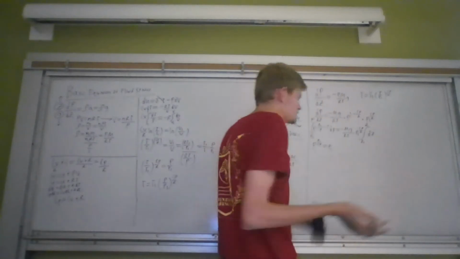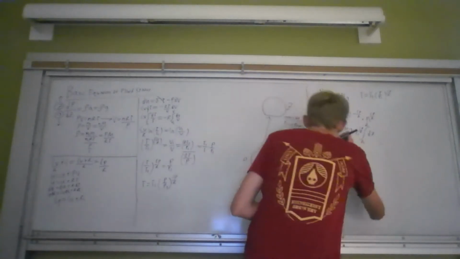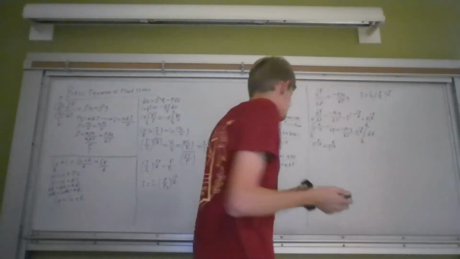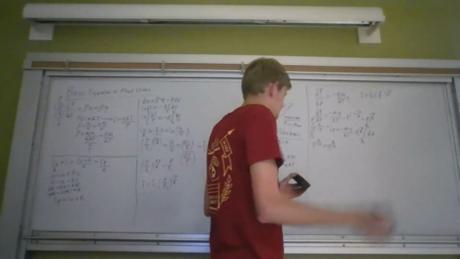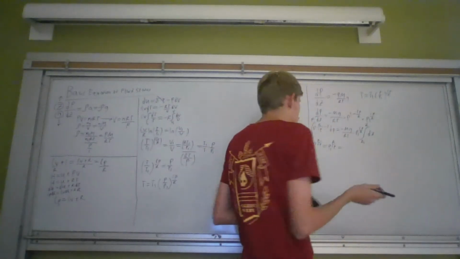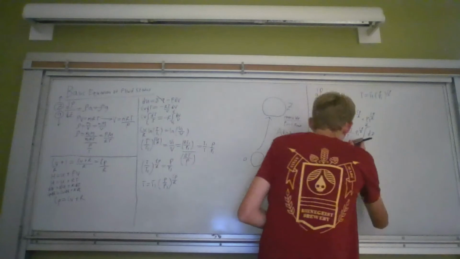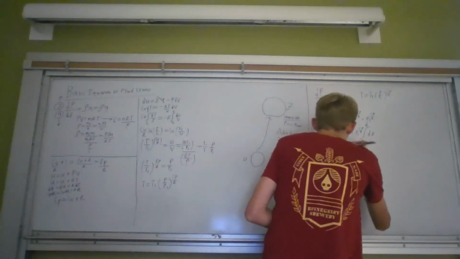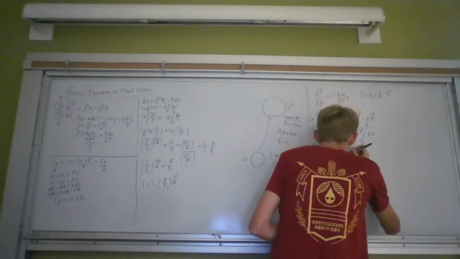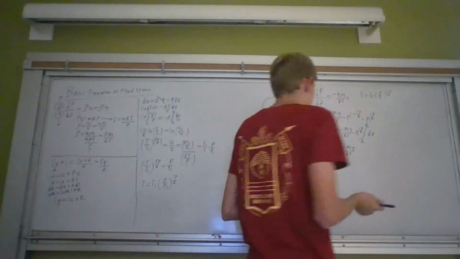The way this relationship works is that it's also going to be equal to our gas constant over Cp, and then the rest of this equation is going to be our molar mass times gravity over gas constant times temperature.